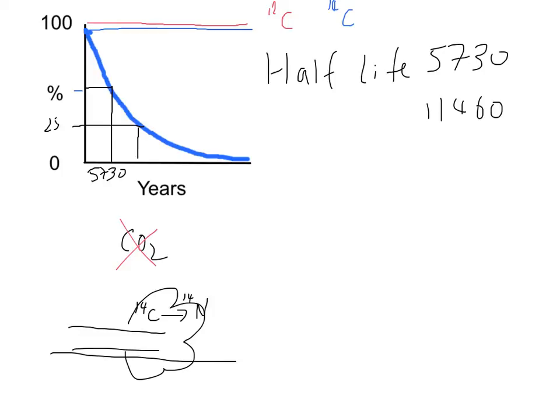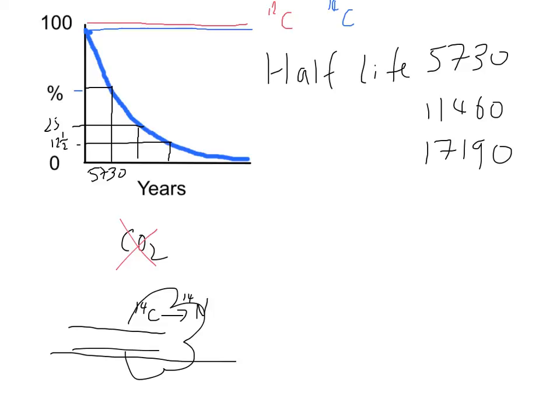We can go down again here to 12.5%, so that will be a line drawn across here and down. We can add another 5,730 years, which comes to 17,190. So it takes 17,190 years for the carbon 14 to decrease by half and then half again.